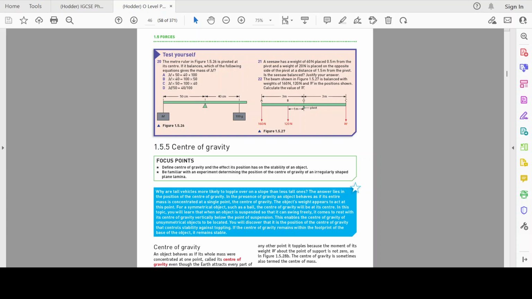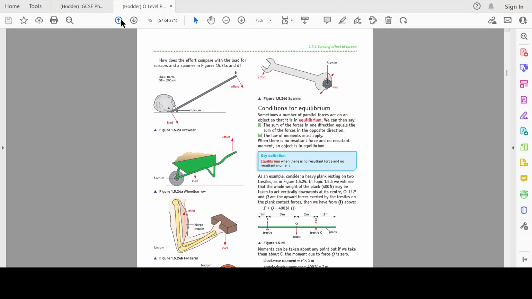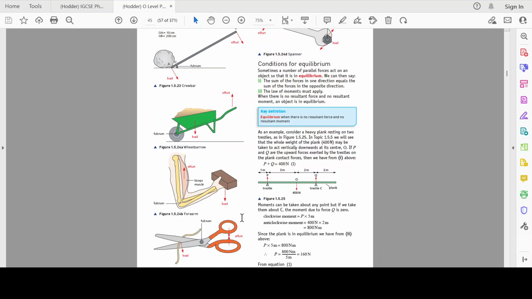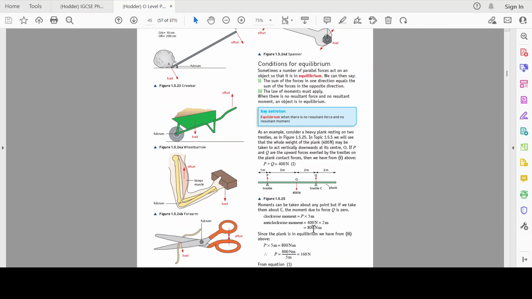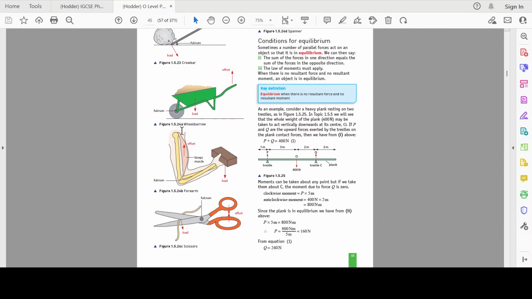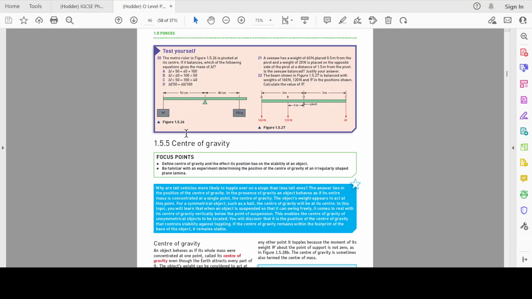All right, remember this topic? Turning effect of forces. So you've got a lever, and you're putting in effort, and there's a load that you're moving. So there's the load, the effort, and that is the scenario of a lever. That is the scenario they're referring to.